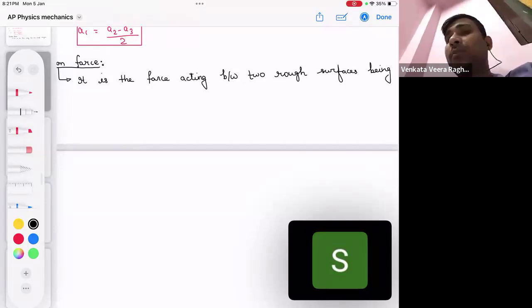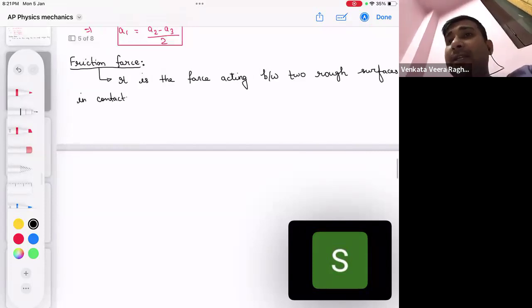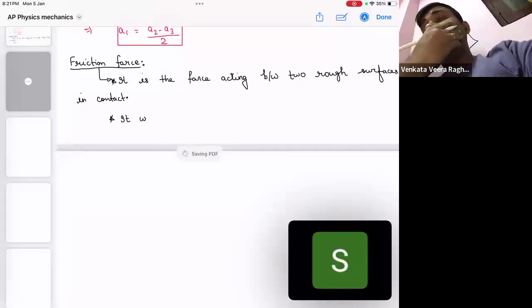Then they will apply the friction force between them. And in which direction will it be acting? It will act along the surface, right? Along the surface.